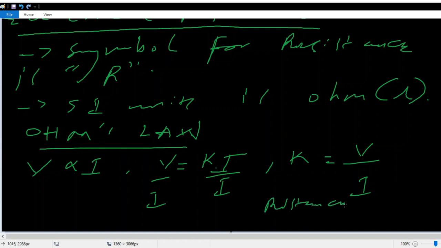So we write our formula for resistance: R is equal to voltage divided by current.